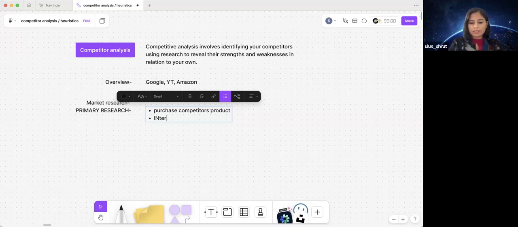Then the second way is interviewing customers. So when you interview customers, that means their customers, right? Let's take an example of a boAt company. Let's say you're making a website for a boAt company, and you're doing competition research, right?